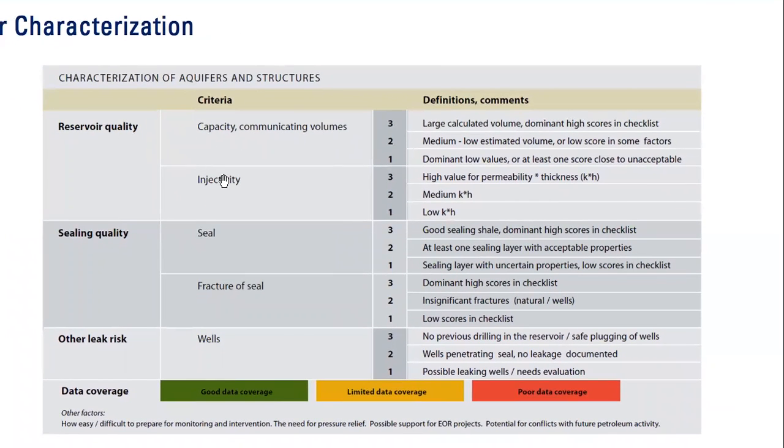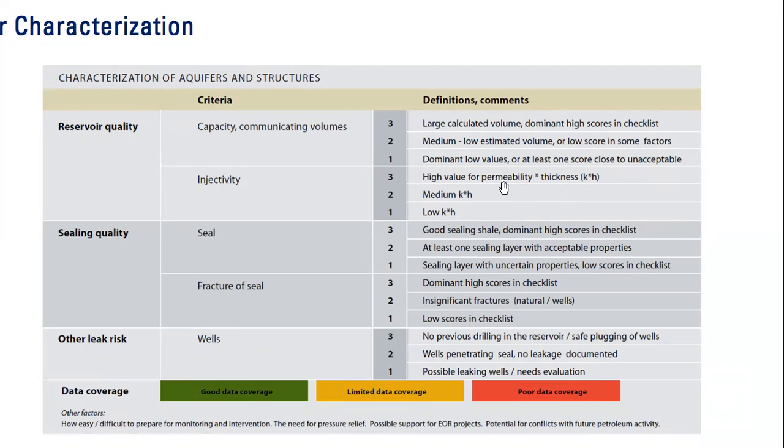And the second criteria for this reservoir quality is injectivity. And of course, you will get a low value if you have a low value of the product of permeability and thickness, and then medium for medium permeability-thickness, and you will get a good score of 3 if you have a high value of the product of permeability and thickness.